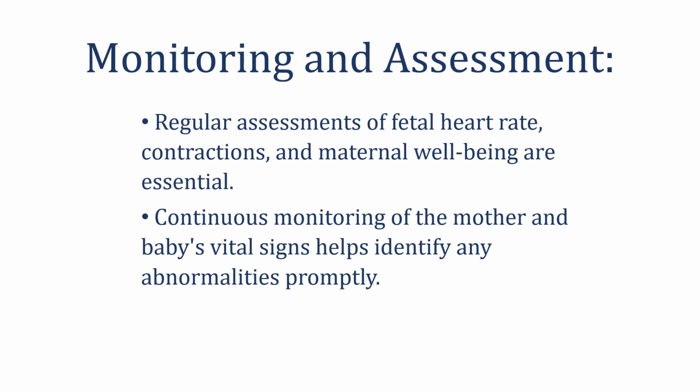Regular assessments of fetal heart rate, contractions of the uterus, and maternal well-being are essential. Continuous monitoring of the mother and the baby's vital signs help to identify any abnormality very promptly.